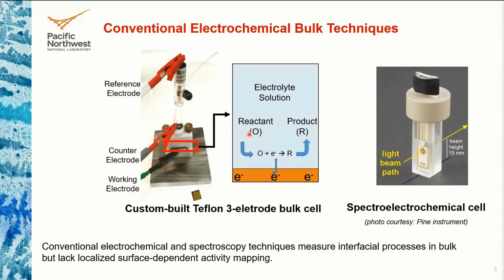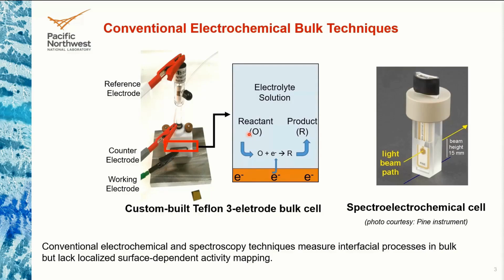If you use a bulk electrochemical technique, it gives you an entire response at the same time, which leaves out the surface-dependent details. So understanding this localized surface-dependent mapping is key to enabling a fundamental understanding of the interfaces.